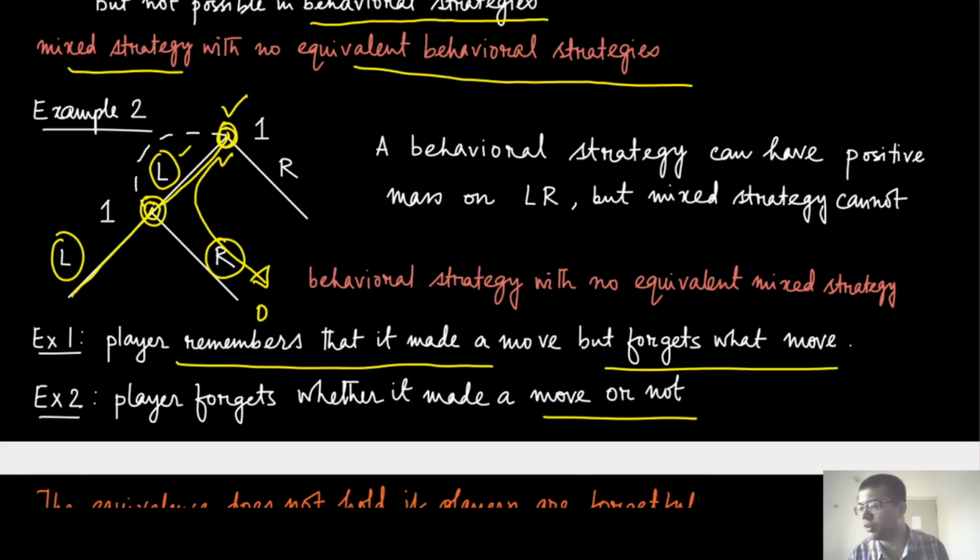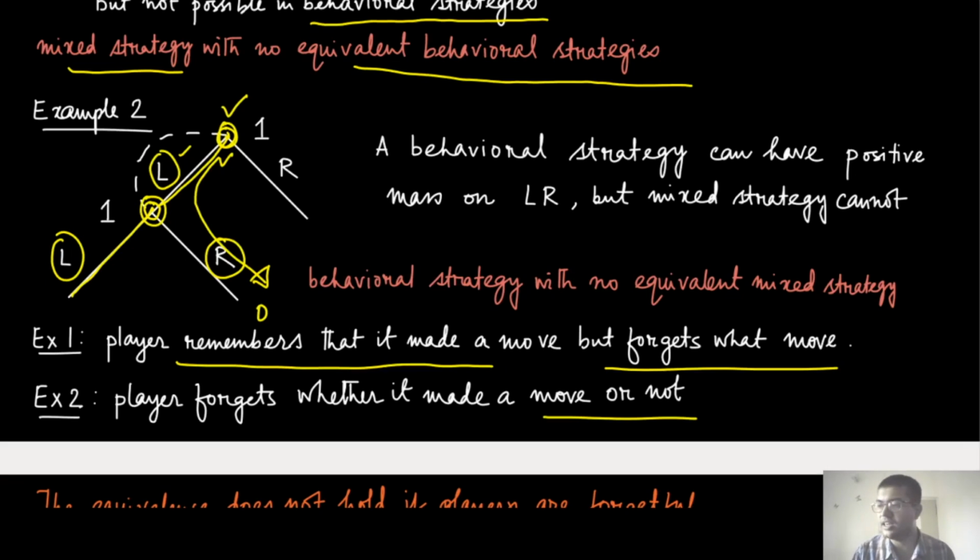Actually, what I said before, I think, was just the opposite. So just correct that. Player 1 in example 1 is actually remembering that it has made a move, but it has forgotten which move. Therefore, it is indifferent between L1 and R1. While in example 2, it has actually forgotten whether it has moved or not.